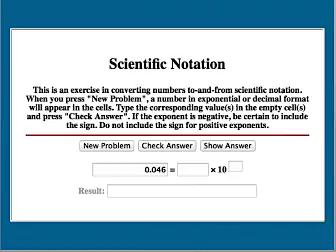.046, we're moving to the right 2 places. Our coefficient is 4.6, and our exponent is going to be minus 2. .1 times 10 to the minus 7. We're going to start here.